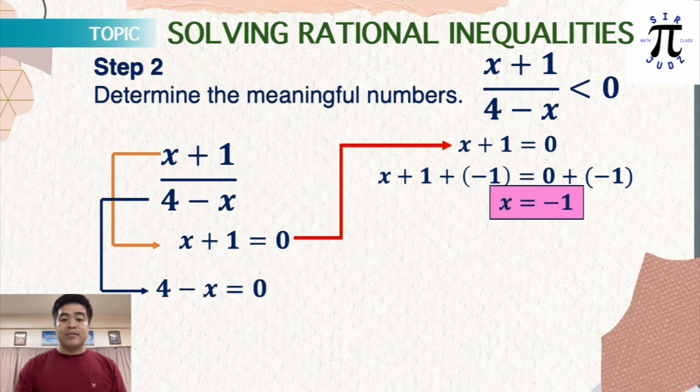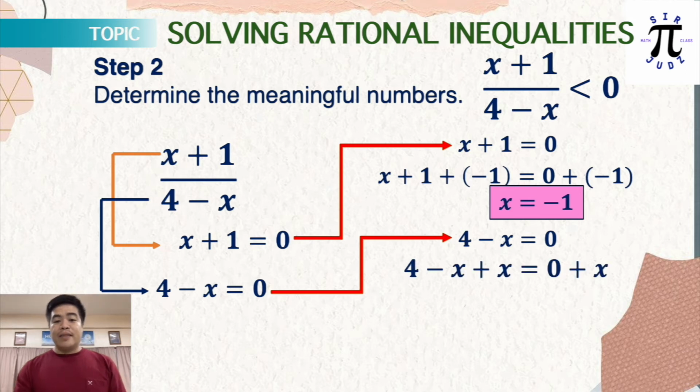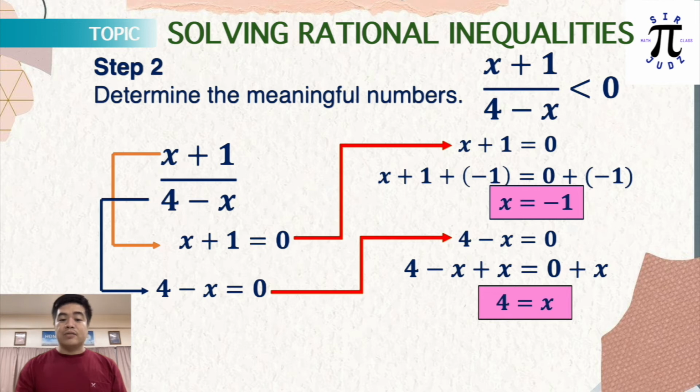So we have x equals negative 1. And then you have 4 minus x equal to 0. So here, pwede natin i-transpose ang negative x sa right side. Then you have 4 equals x, or x equals 4. So we have two values, or we have two meaningful numbers, the negative 1 and 4.